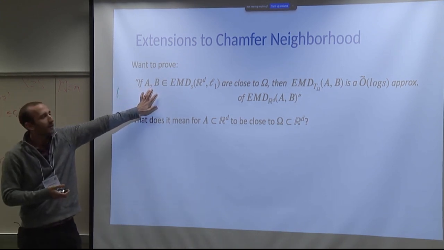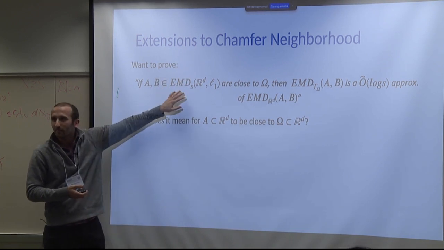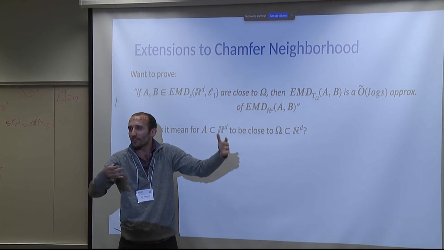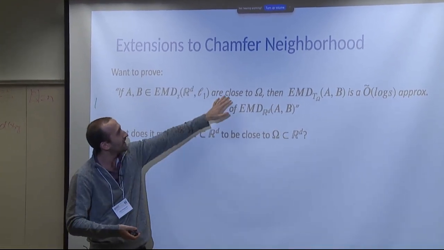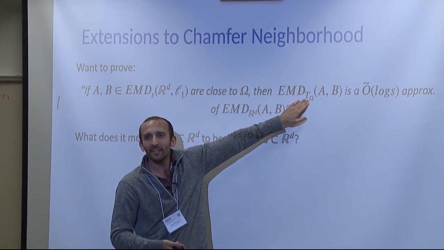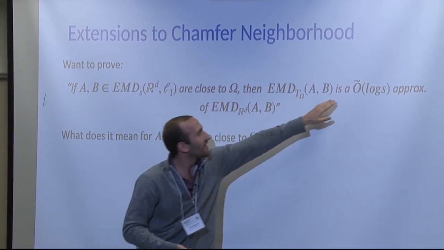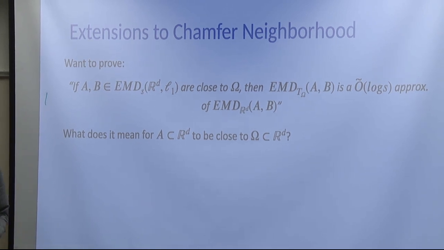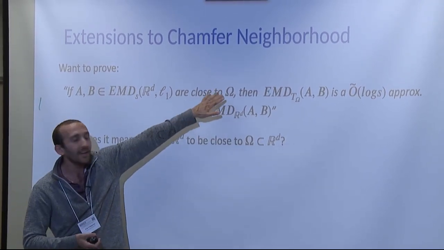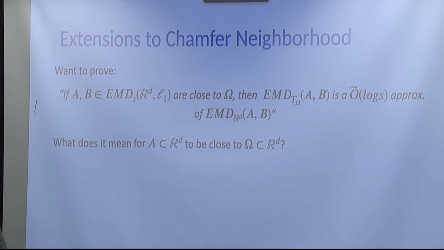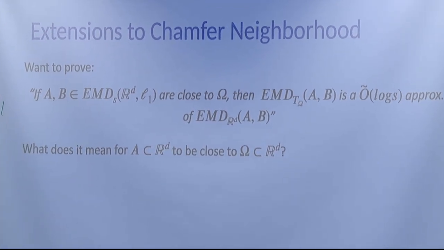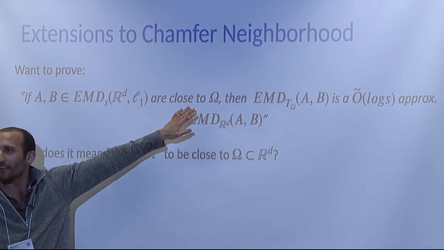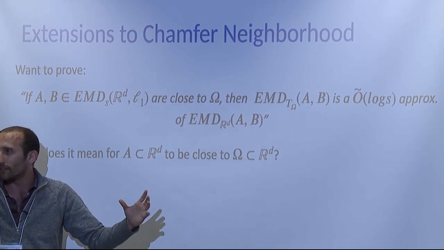If A and B are 2 points in EMD, and both are close to omega, they're kind of captured by this point set that you sampled omega, then after applying the embedding, you get a log S approximation of the true EMD. Okay, so in a neighborhood of omega, you're getting distortion which is log S. Now, as these points get really far, you will get the log squared S. We really want quantitative bounds on how that happens.